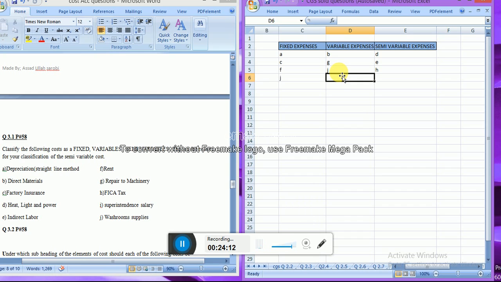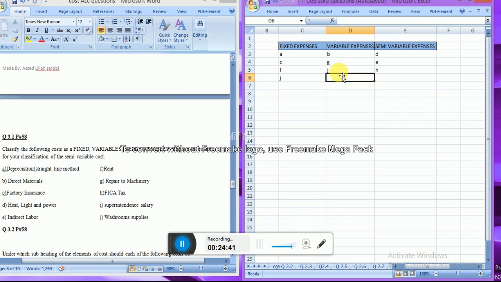For example, per unit or per kilowatt electricity bill: up to some units it is fixed, and when we increase the number of units beyond that specific limit, the per unit charges also change.